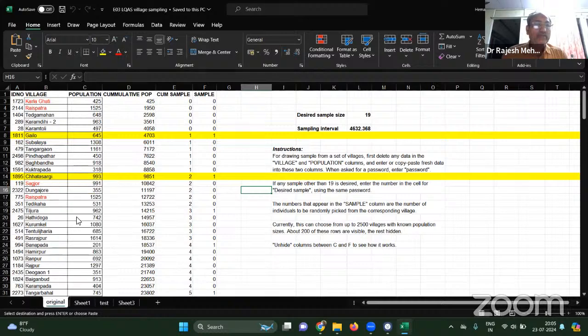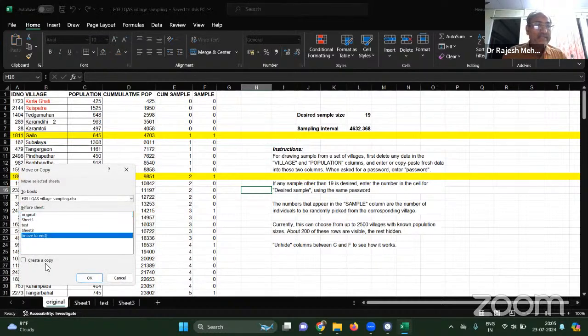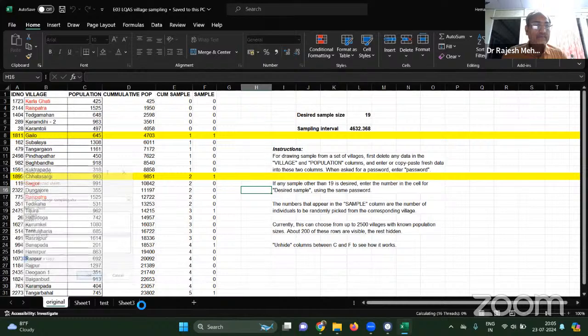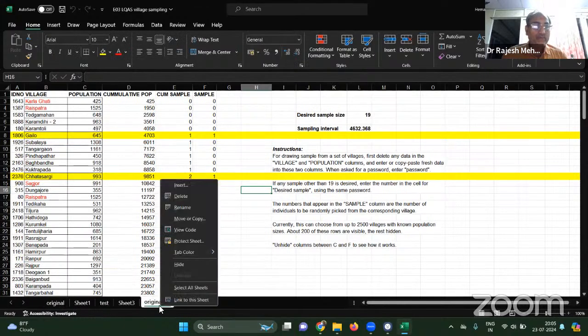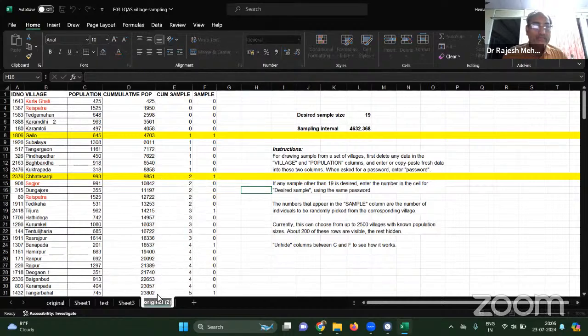This file will be given to you so you can utilize it. You should not try to use the original file. Make a copy and then use it.